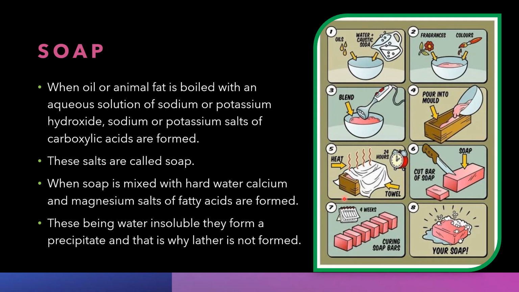We will be heating it and make it rest for at least 24 hours so that we will get a bar of soap. This bar can be cut into desired shape and has to be kept at rest for a process called curing so that it will set well. This is done for approximately 4 weeks so that our soap is ready. It is a very simple process.